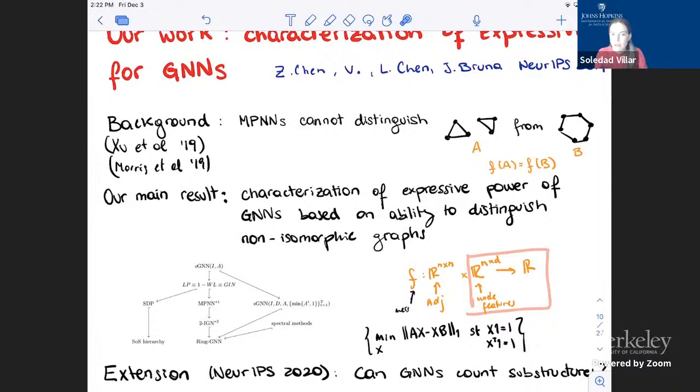There are some classes of functions that can be expressive enough, but computationally you cannot use them because they're very expensive. Of course you don't expect to solve the graph isomorphism problem with graph neural networks. And this is telling you that a lot of these functions are not really working very well.